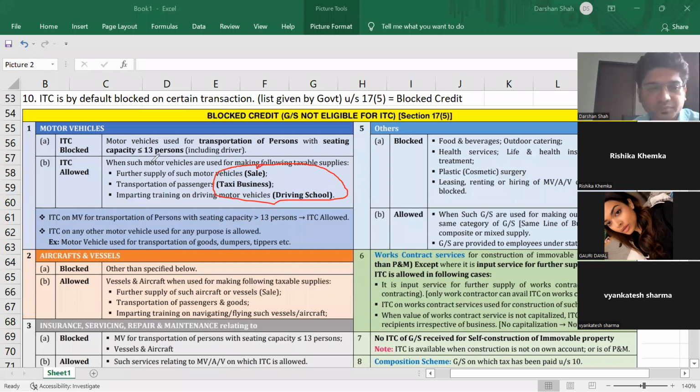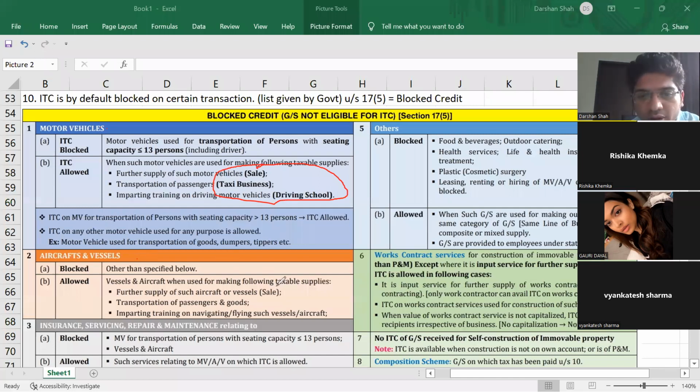All right. Same goes with, just like motor vehicles, aircraft and vessels like ships, boats, etc. Exactly the same concept, and there is no restriction on the number of passengers over here.